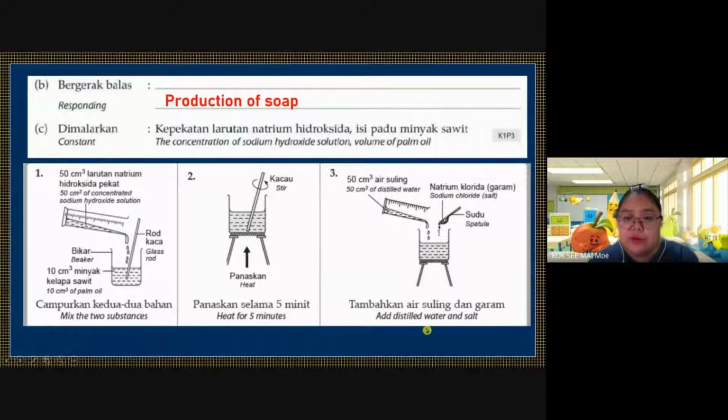After that, number 3, they say they add the distilled water and also the salt. When you add the salt, it can produce some solid, because palm oil is only liquid. You add some salt, that means later you can feel a little bit of solid produced. So they also put the distilled water together with the sodium chloride.